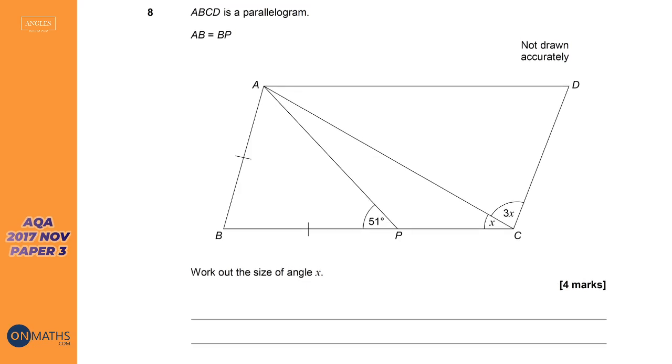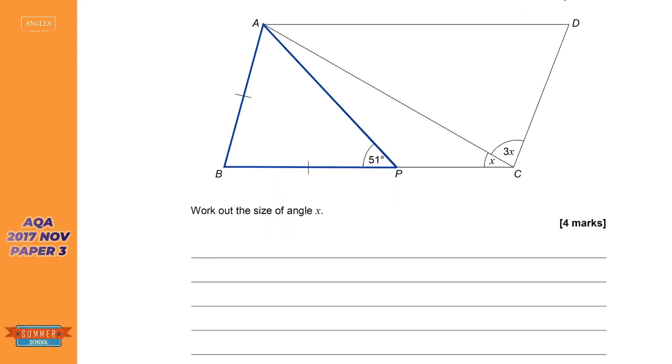Okay, so first thing to notice is we've got a beautiful isosceles here, and whenever you've got an isosceles, there's always very nice easy things we can do, because you only need to know one angle in an isosceles and you can always work out the other 2. So first thing we're going to work out is angle BAP.